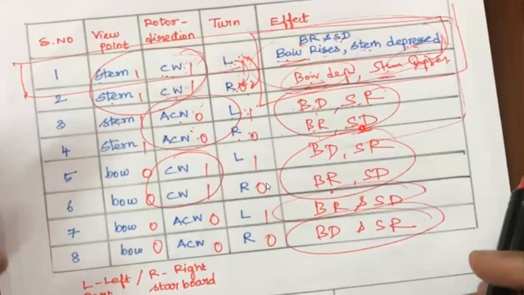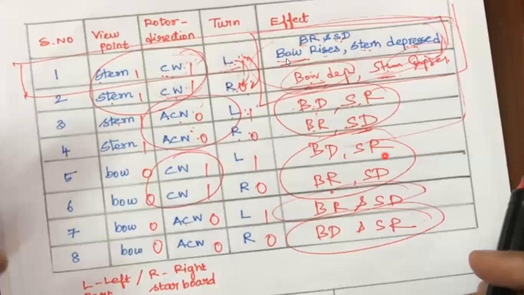The remaining four are very easy. Whatever you wrote in the first column, just write the opposite of it. For example, for clockwise left you wrote bow raised and stern depressed. Same for bow, you just write the opposite: bow raised means here bow depressed, stern depressed means stern raised.